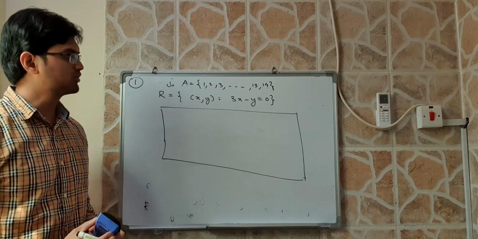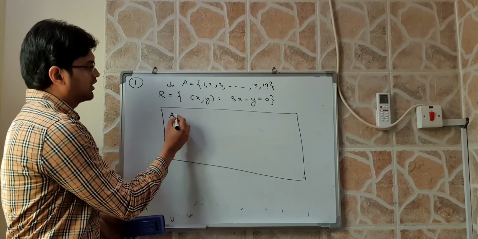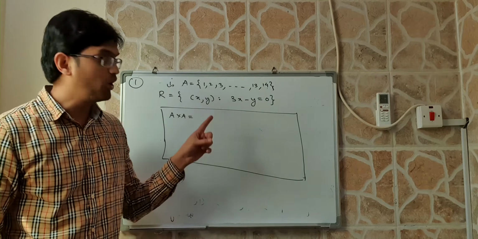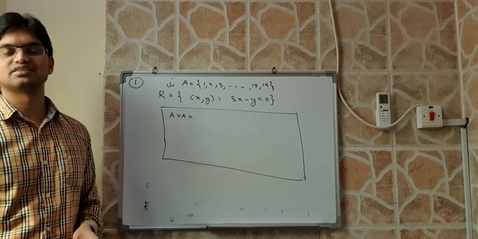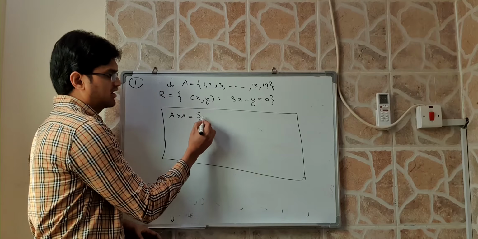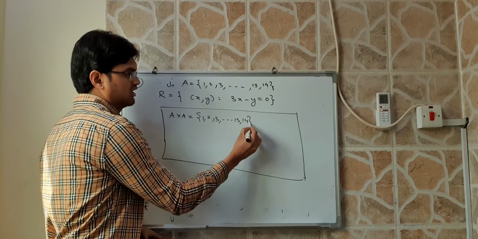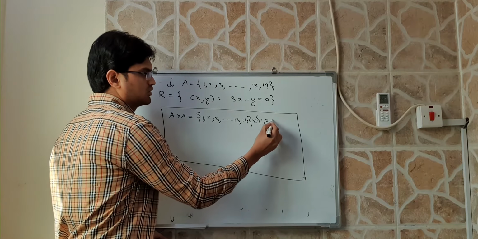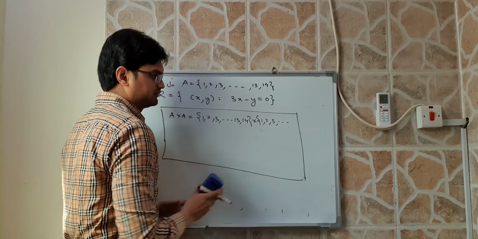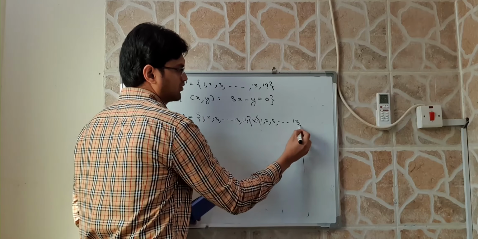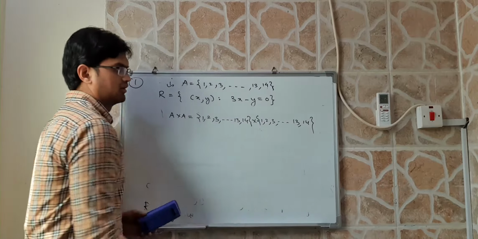So what are we supposed to do first? We are going to do A cross A. Why are we supposed to do this? Because R is a part of this. So let me take {1, 2, 3, and so on, 13, 14} cross {1, 2, 3, and so on, 13, 14}.